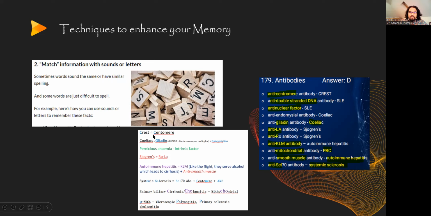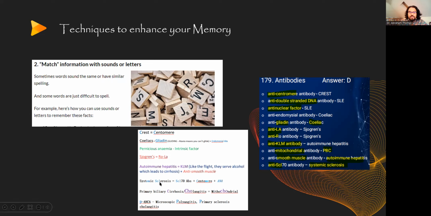So you can see that I've compared the first letter here, CREST and centromere. Sjogren's and Ro/La seem to fit together quite well for me. Again, autoimmune hepatitis, I tried to think of a way to remember KLM. I thought of the airlines, the flying, and they serve alcohol, which leads to cirrhosis. And that's how I've linked autoimmune hepatitis to the KLM, the anti-KLM.